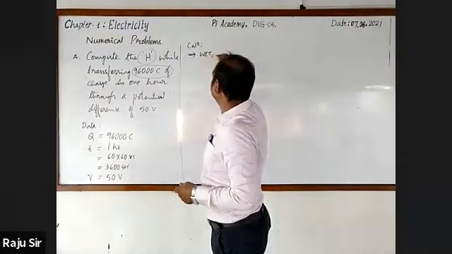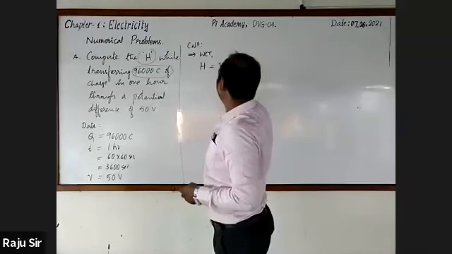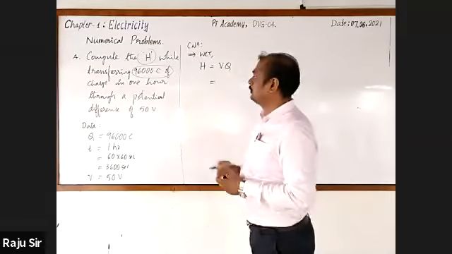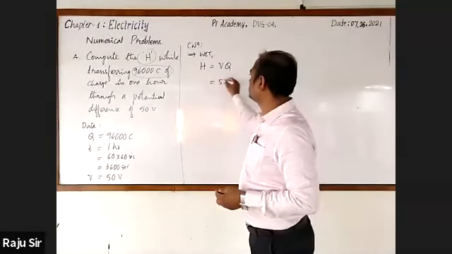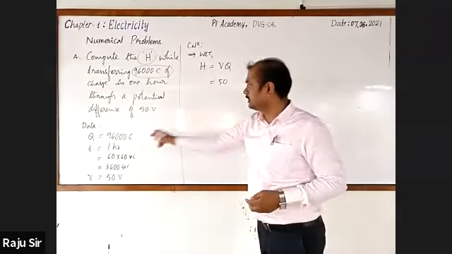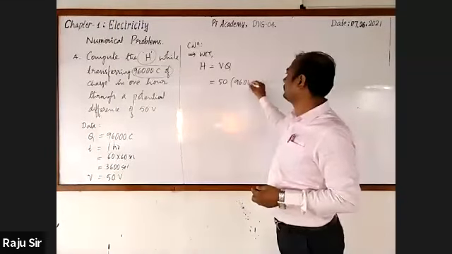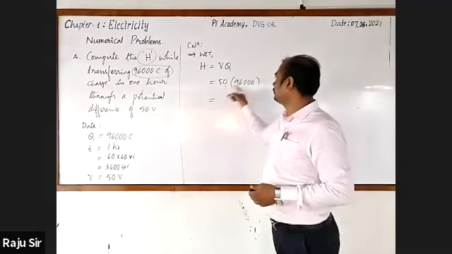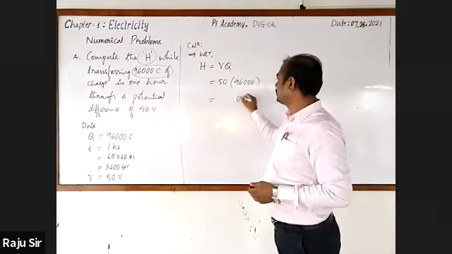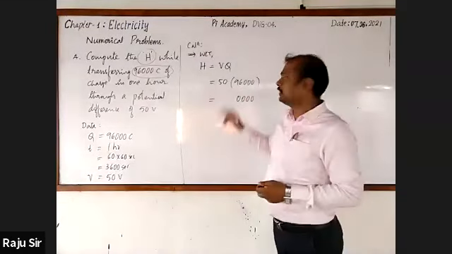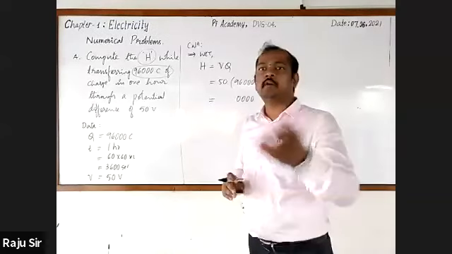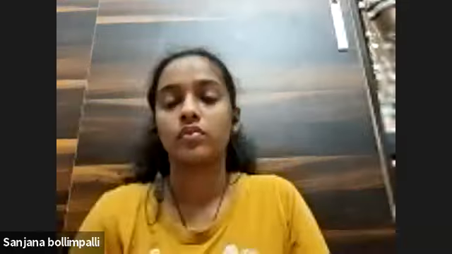We know that H is equal to V into Q, where V is 50 volts and Q is 96,000 coulomb. Now multiply. Here 4 zeros are there. Let me write them as it is. 96 fives are 480. So 4.8 into 10 to the power 6 joules.